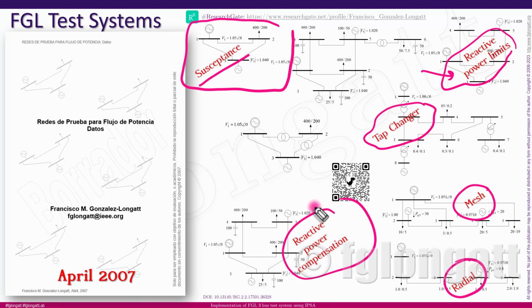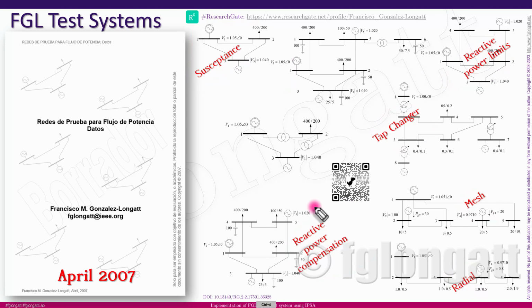In 2007, I prepared this document, April 2007, and that was the first moment that those models were released to the public. I remember because in 2007, my bachelor students used those models for the classes.